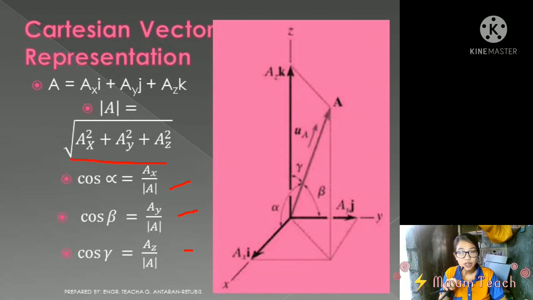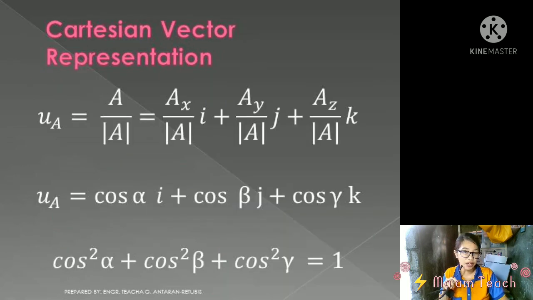It will be expressed, class, using the unit vector. This symbol here, u sub A, is the unit vector of vector A. You'll be able to solve that by simply dividing your vector A by the magnitude. Take note, class, of the difference. The one in the denominator is the magnitude, while the A at the numerator is the vector itself, which is expressed here.